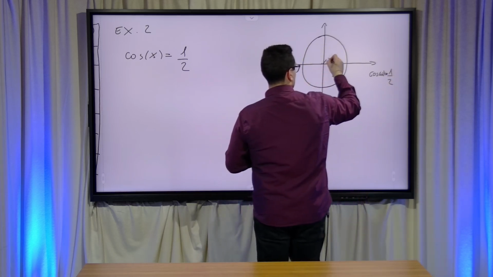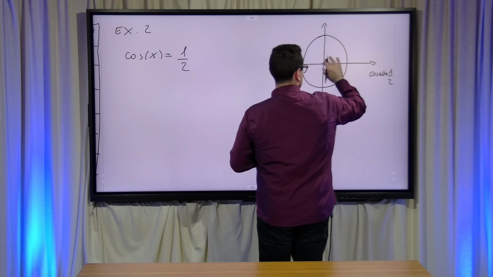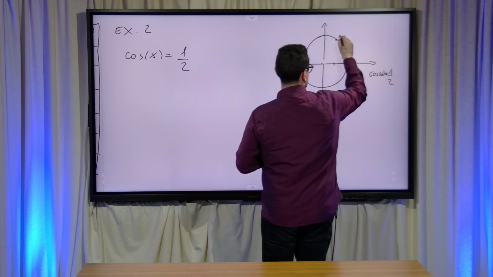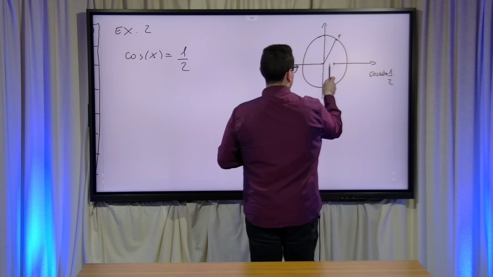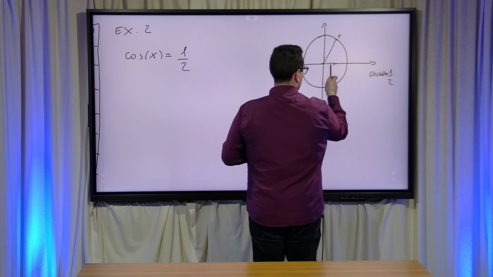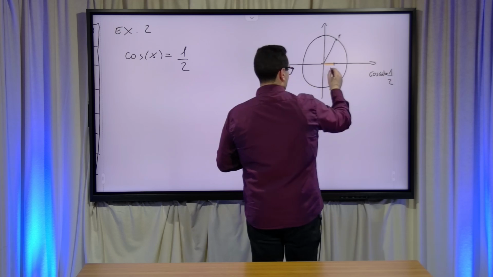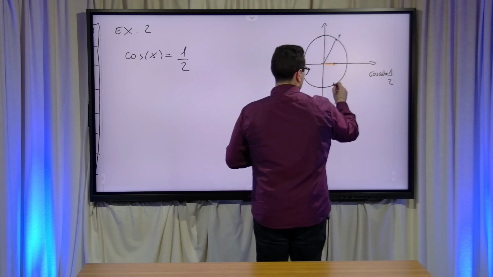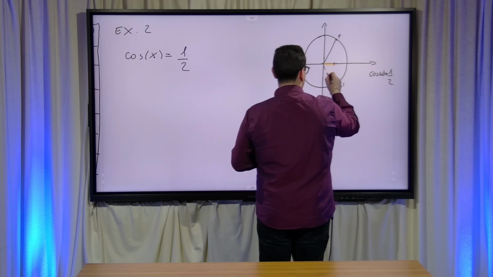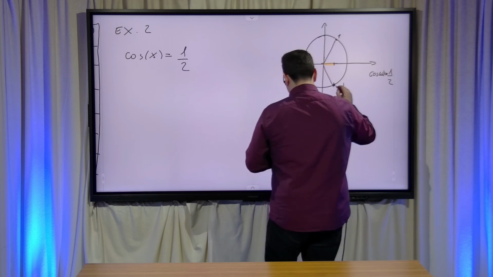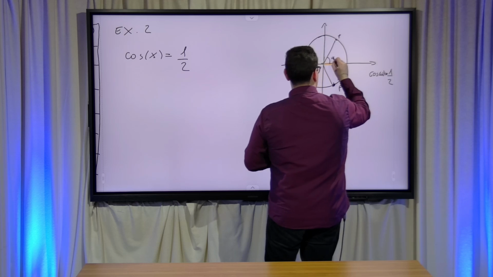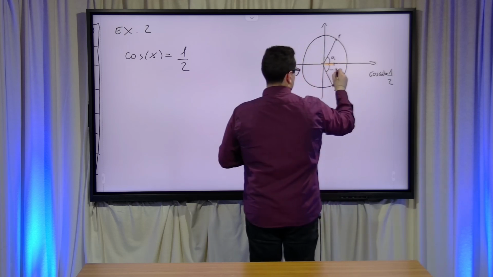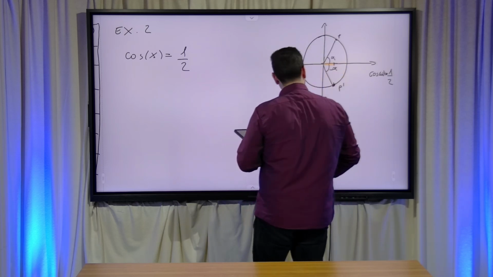So I can consider this point that gives me this cosine, but also this other point here, P prime. And this point is given, if this is alpha, this is minus alpha.